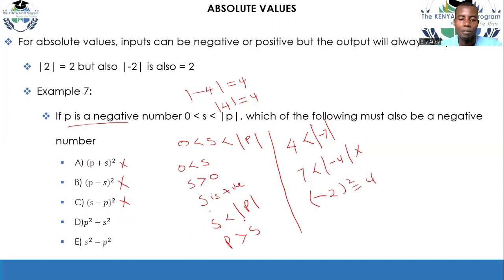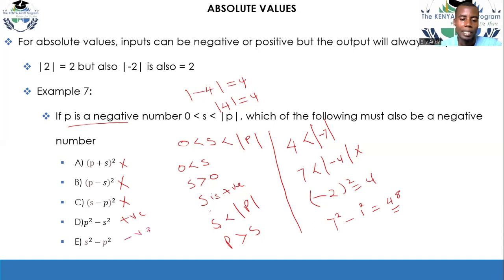And now we can use the information we have gleaned from the inequality. We know that P is greater than S. So here we have a big number squared minus a smaller number squared. The result definitely is positive here. See, if we have a big number like 7 squared, and then we subtract from it a small number like 1 squared, we'll have a positive result. Then we come to E. We have a small number squared minus a bigger number squared.